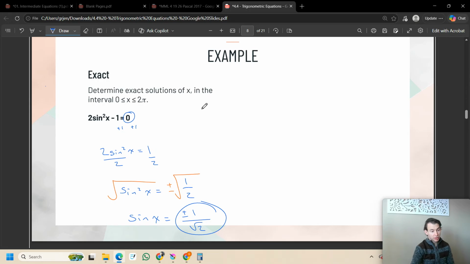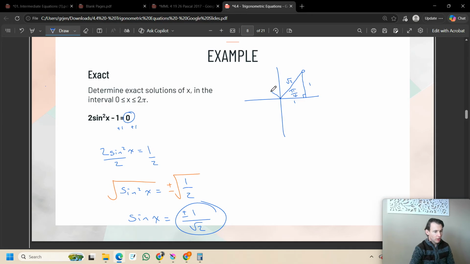Now I think about my special triangles, and I'm thinking also about angles in standard position. I could put pi on 4 there, and that would be my 1 root 2 triangle, which gives me a sine of positive 1 on root 2. Okay, so that's pi on 4.